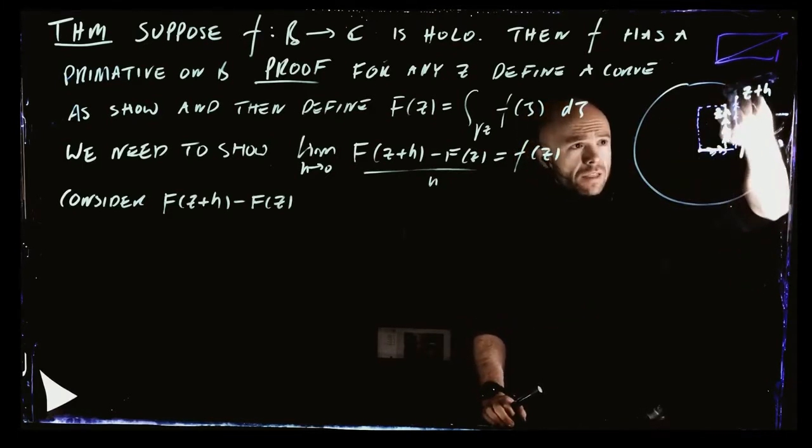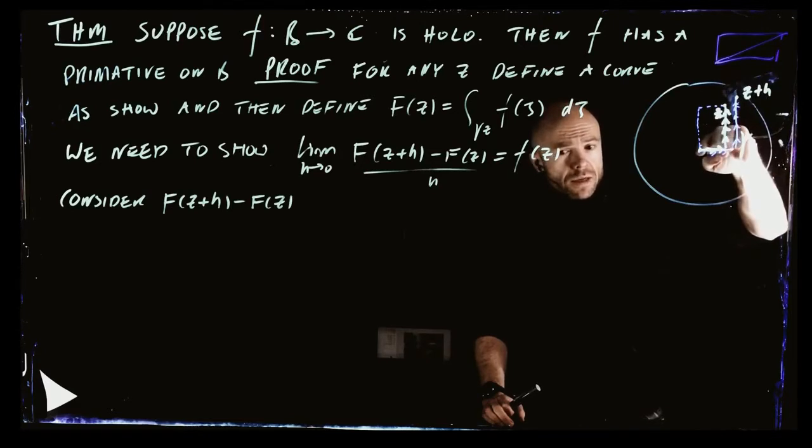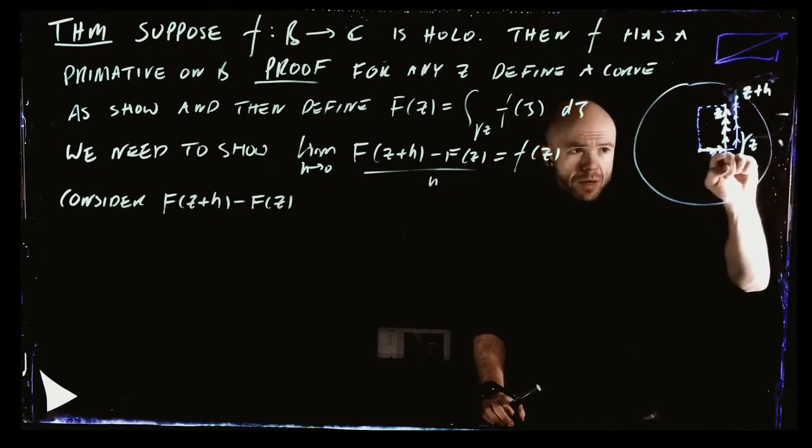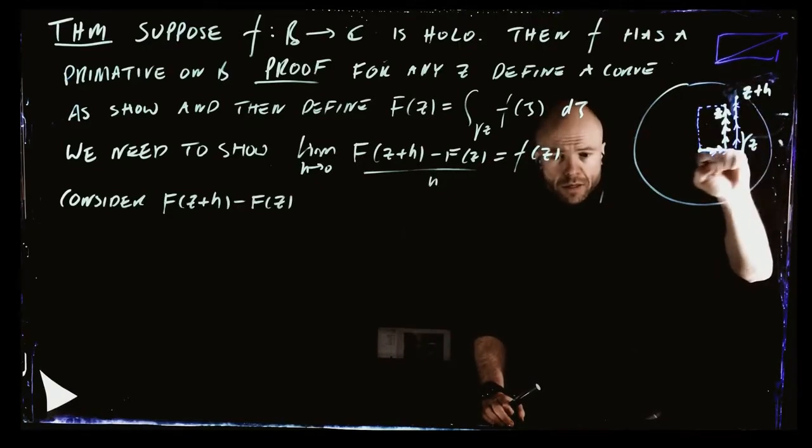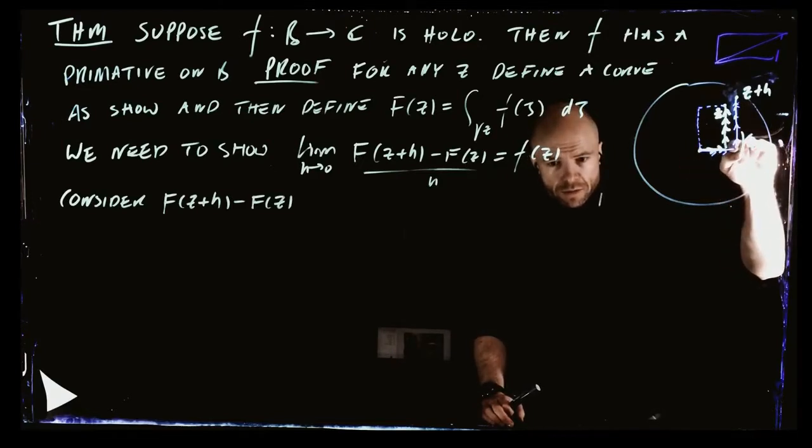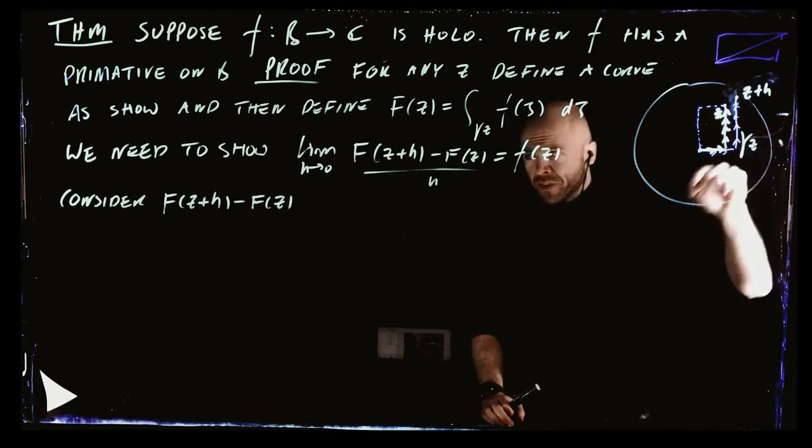So if we go down and across, and then we add F of z plus h to it, it means going across and then up. This part here is going to be wiped out because we're going this way and then back across it. Do you see what I mean?